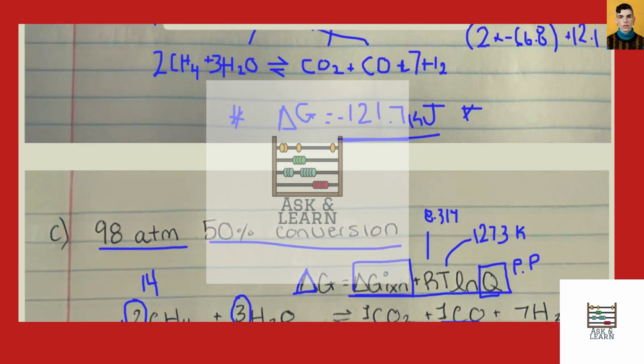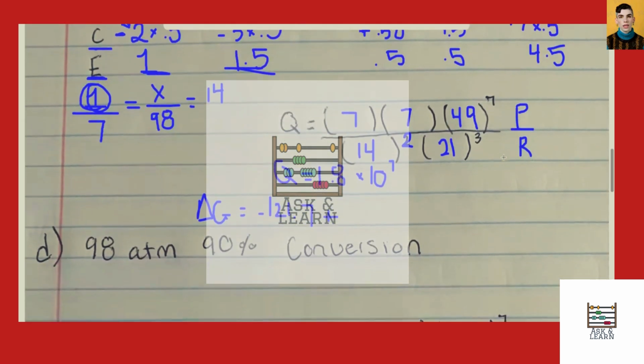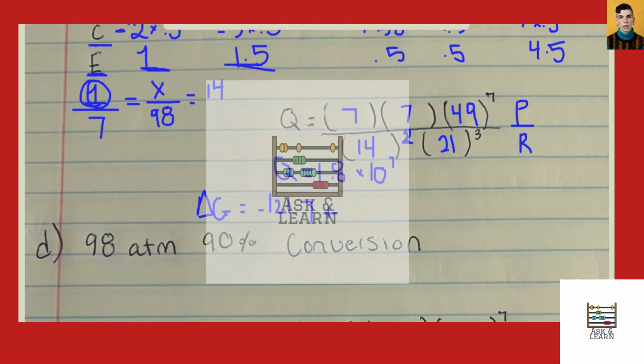I almost skipped a step. We know our 8.314 is in joules, so we want to make sure that this is also in joules. So you're just going to multiply by 1,000, and you should get 121,700. Oops, sorry, that's a little wonky. Sorry, that's a little messy.